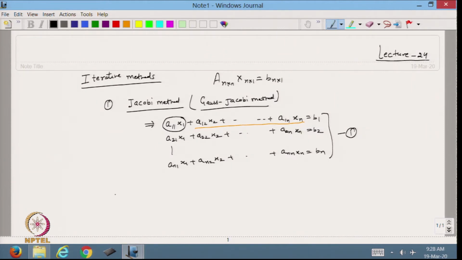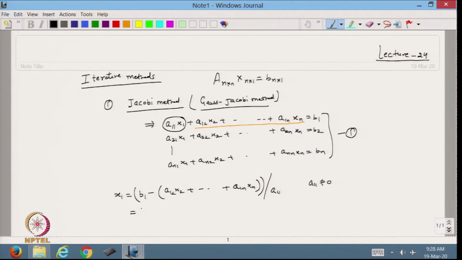So x1 can be written as b1 minus a12 x2 up to a1n xn, and then I divide this by a11, provided a11 is not equal to 0. If a11 is 0, then we interchange the rows. So a11 should not be 0.